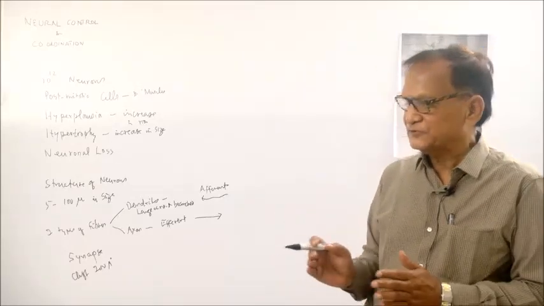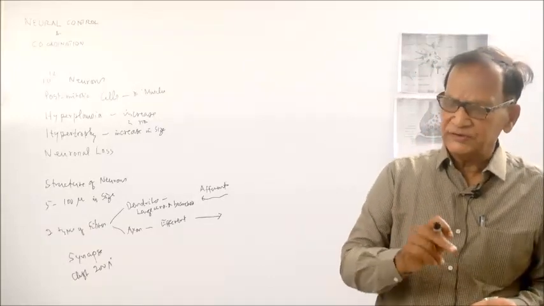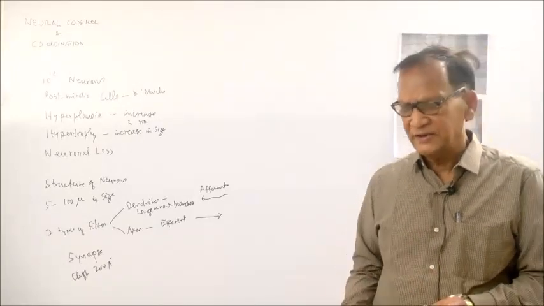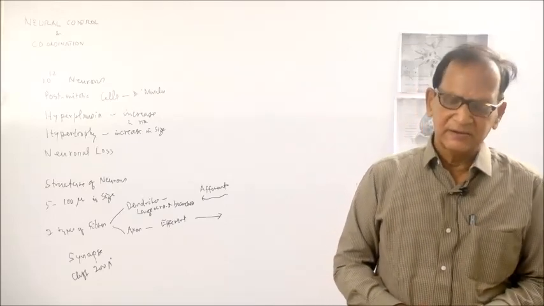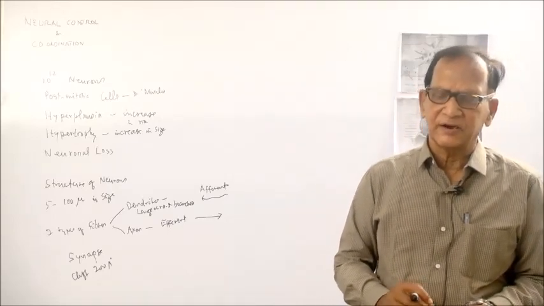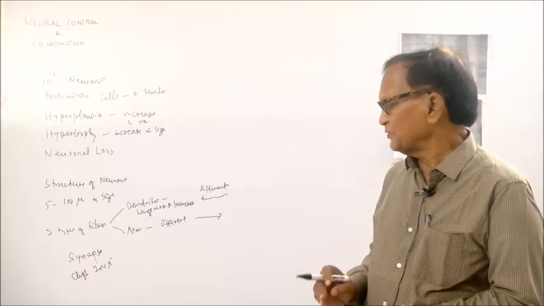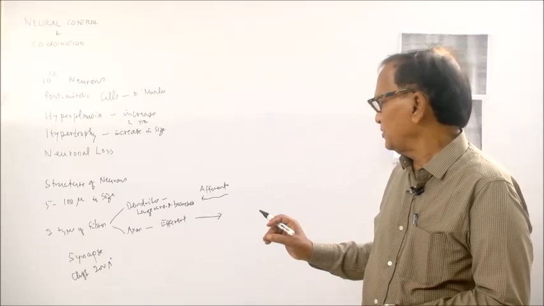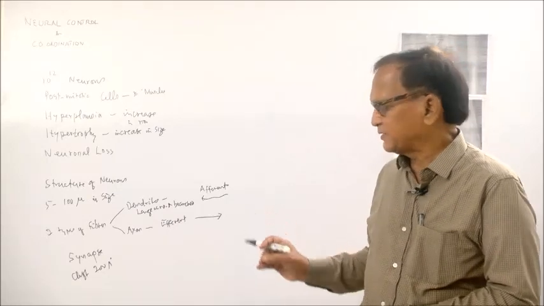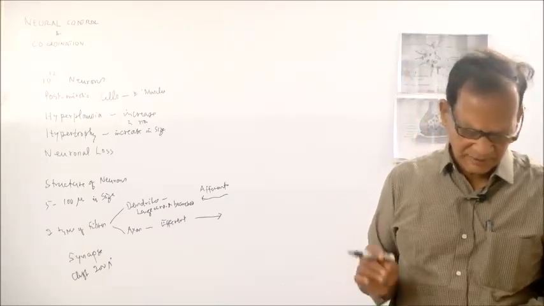So, this synapse is usually axodendritic, but it can also be axosomatic. That means, directly also it can conduct impulses from the axon to the cell body.